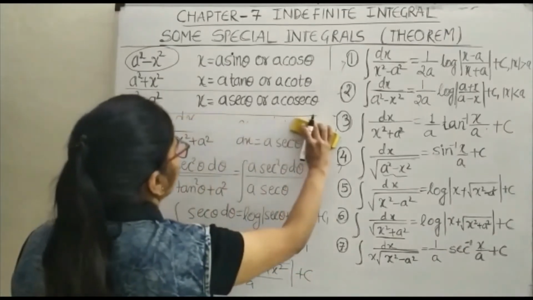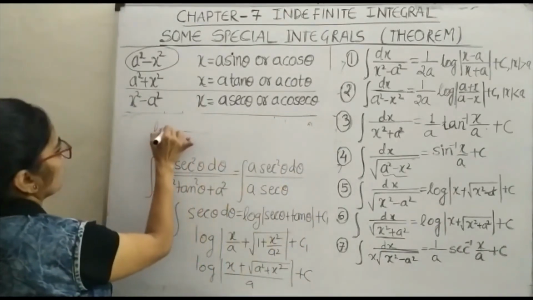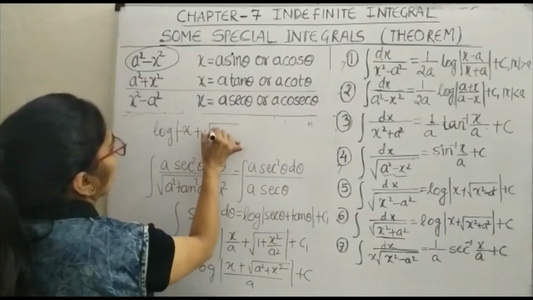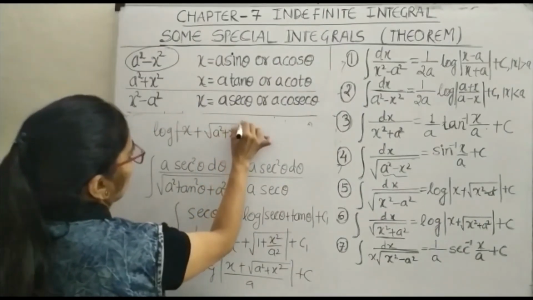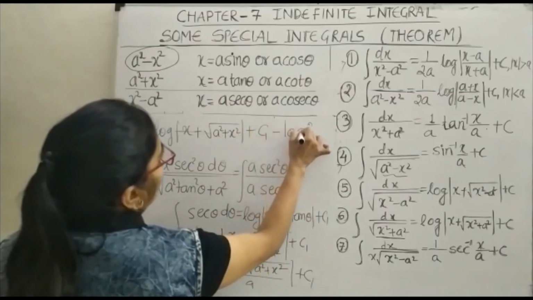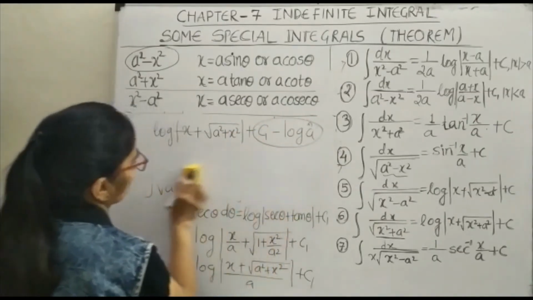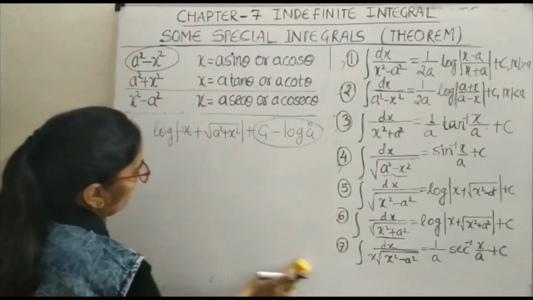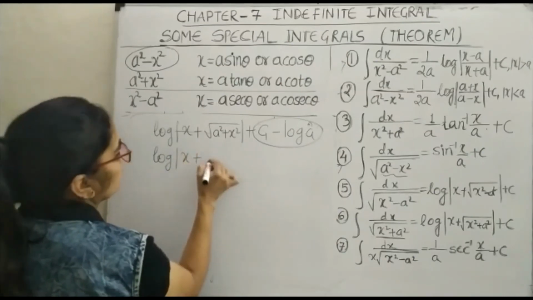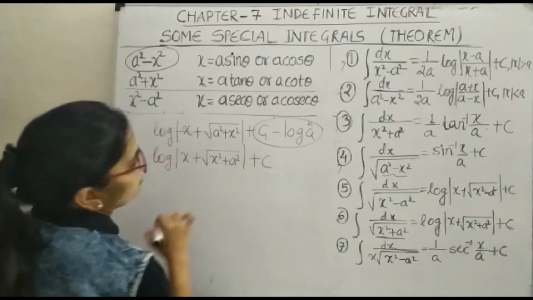Once again we'll be doing the same thing, that is log x plus under root a square plus x square plus c1 minus log a, and replace this by capital C, that is another constant. So this takes the form log x plus under root x square plus a square plus c, right?